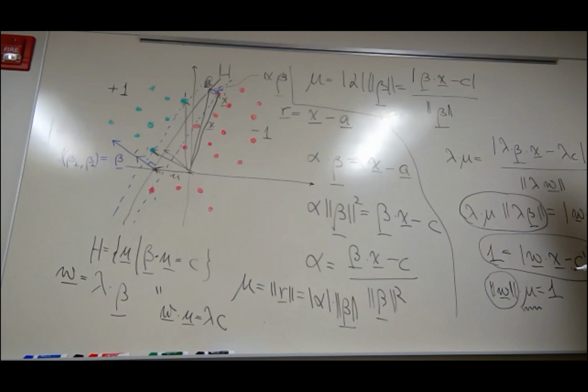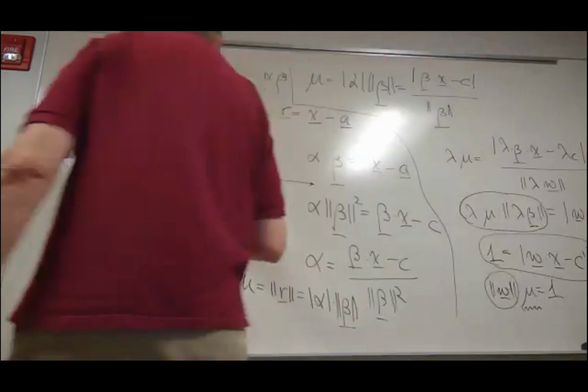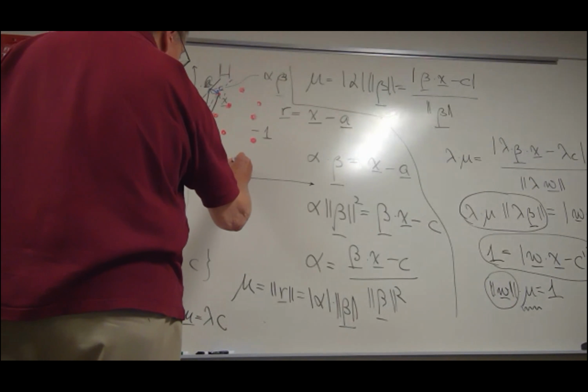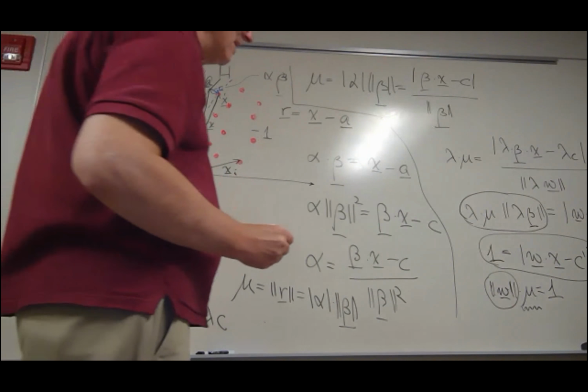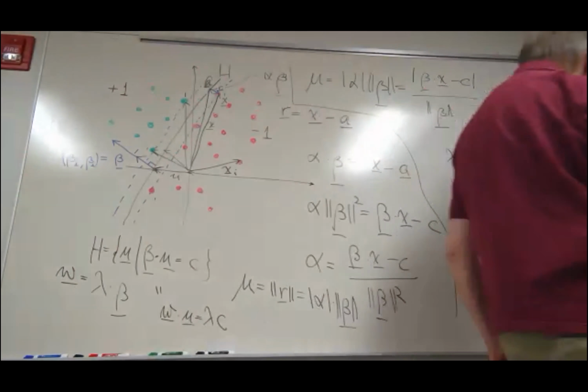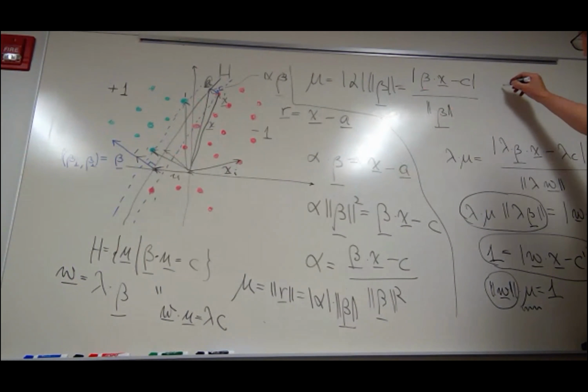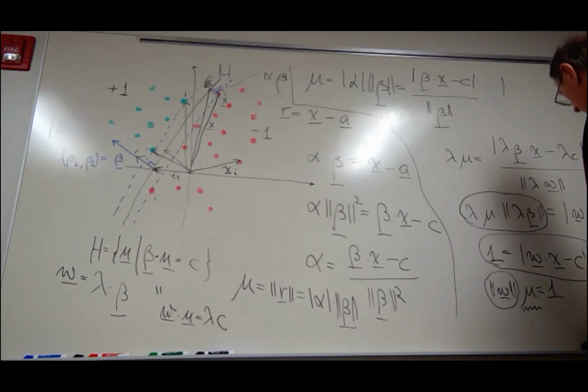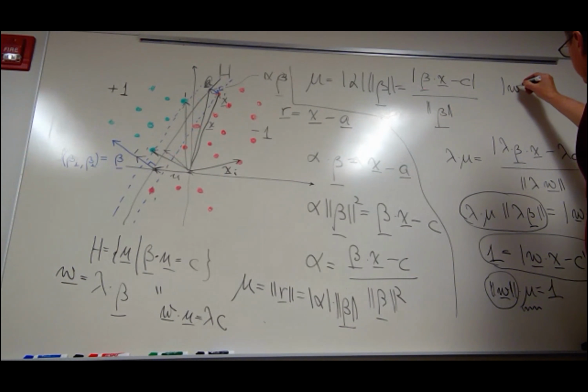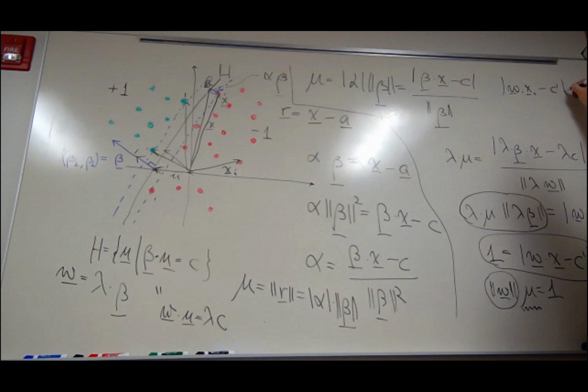So the condition I get for all the other points, so I have a data point here, say xi, that's another data point. What you get is that for those data points, w dot xi minus c prime is bigger than or equal to 1.